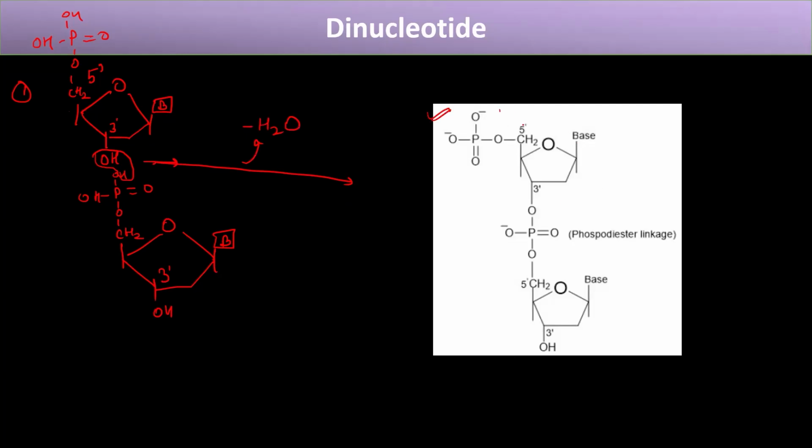We can see we have here the 5' end, and this is your 3' end. And the linkage that is formed is known as phosphodiester linkage.